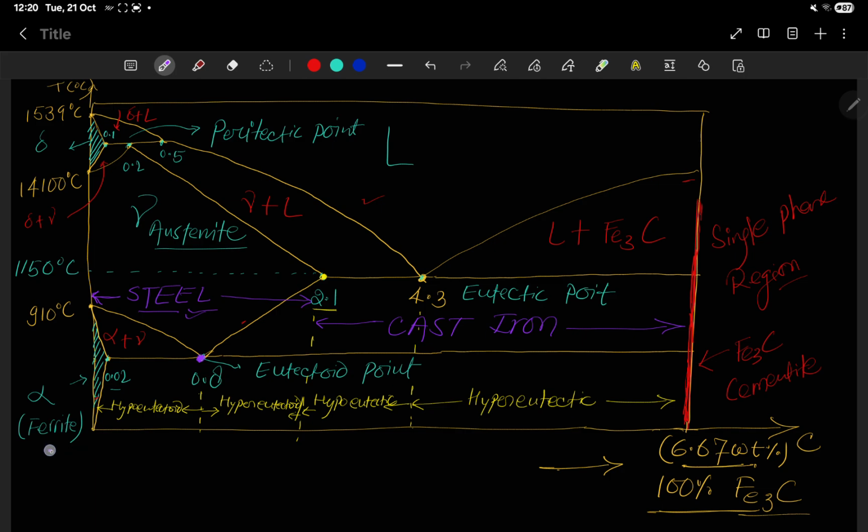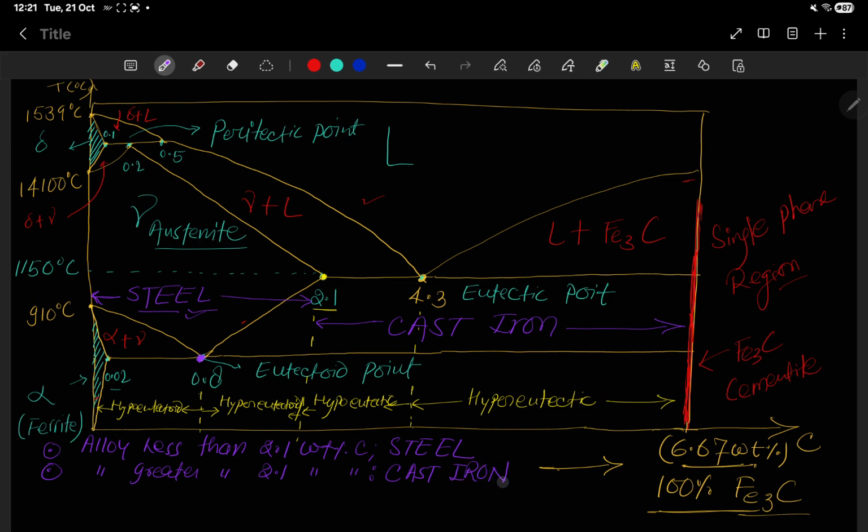Now let me recapitulate some important points. Alloy with less than 2.1 weight percent of carbon is called steel. Alloy with greater than 2.1 weight percentage of carbon is known as cast iron.